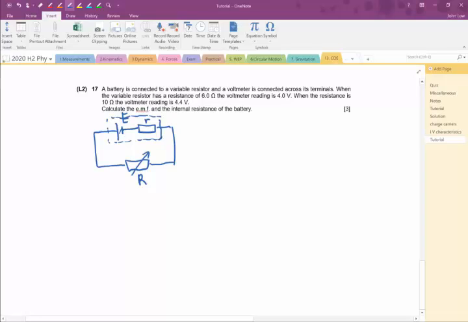When the circuit is connected, the current is I, and we have a voltmeter that is connected across the terminal.